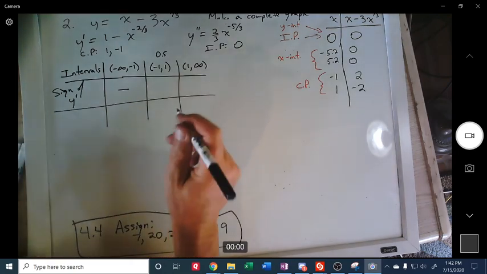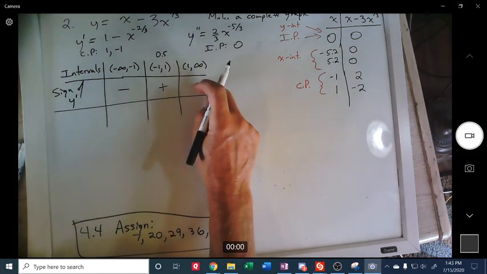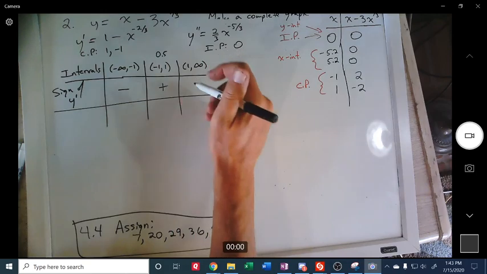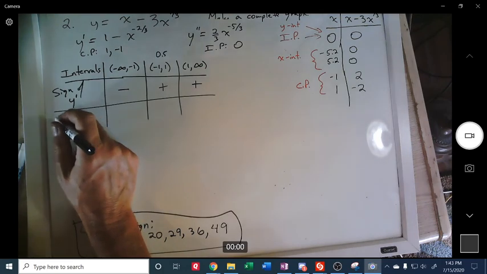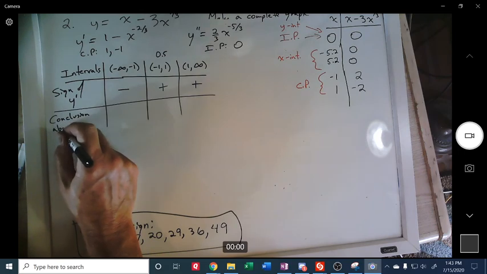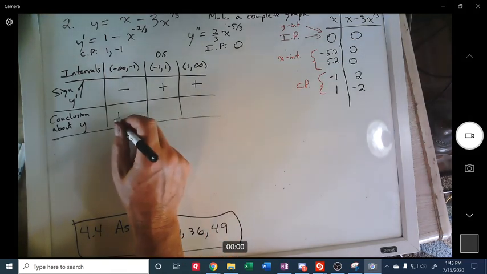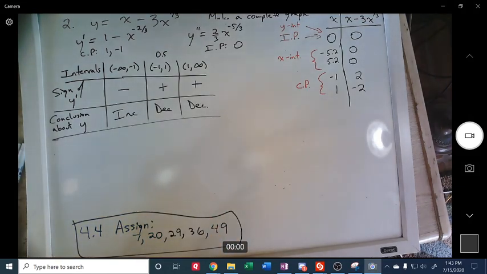I get positive. And when I plug in a very large positive number, like a million, that's going to be a lot bigger than that. It's going to be positive again. So, conclusion about y is that it's increasing, decreasing, decreasing.